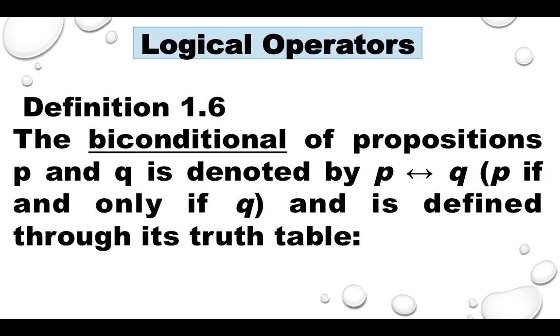Last is biconditional. So bago tayo mag-proceed, pag not, gagawin mo lang not or in-negate mo lang ang mga given truth values. Like, kung T siya, magiging false. Kung false siya, magiging true. Sa conjunction naman, ang parehong true lamang ang true and the rest are false. Sa disjunction, ang parehong false lamang ang false and the rest are true.